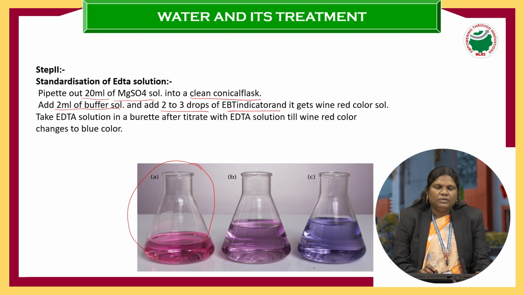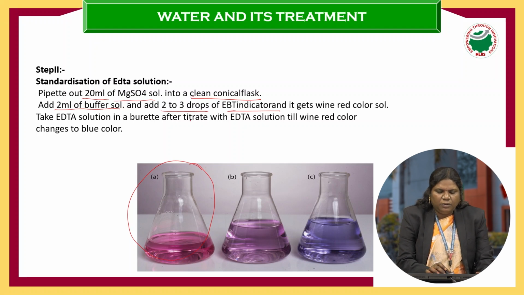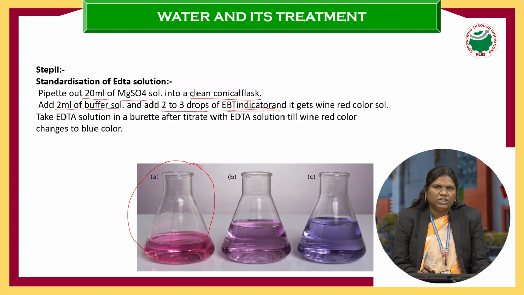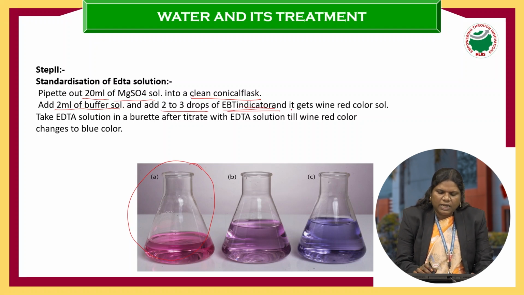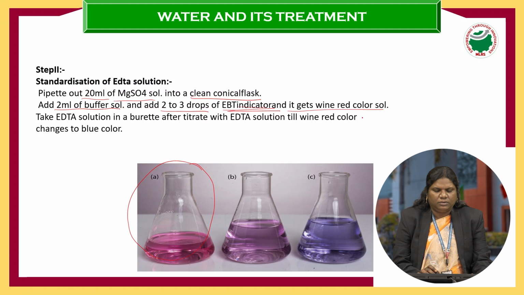The buffer solution will maintain the pH of 9 to 10, which is used for the complex formation, and the 2 to 3 drops of the EBT indicator will indicate the color change. It gives a wine red colored solution.